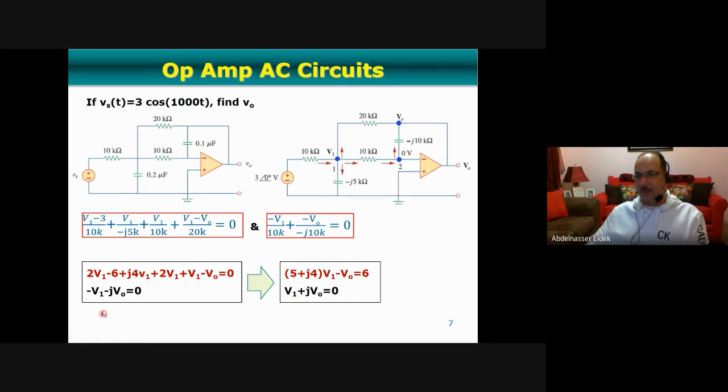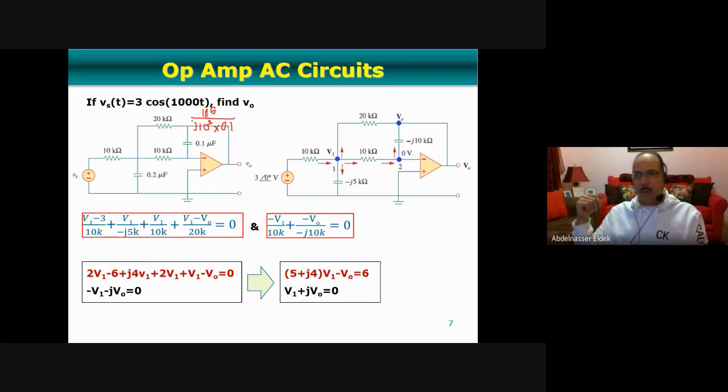If you want to calculate this, let's calculate one of them. For example, 0.1 microfarad. It is 1 over j omega c. Omega is 1000, so it is 10 to the power of 3, times c, which is 0.1 microfarad, which is 0.1 times 10 to the power of negative 6.